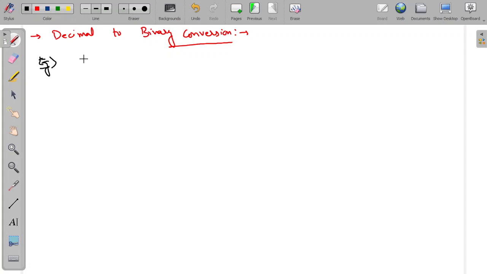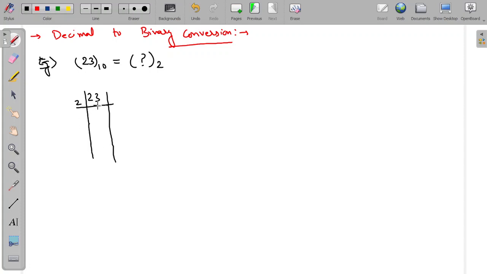Suppose the task is to convert this 23 in decimal, what it would be in binary. So like I said, the method is to divide this number continuously by 2 and collect all the remainders.